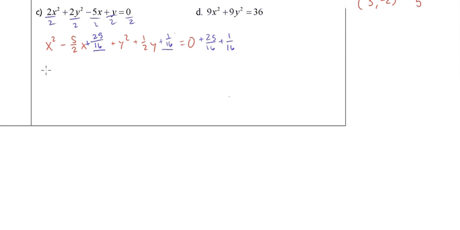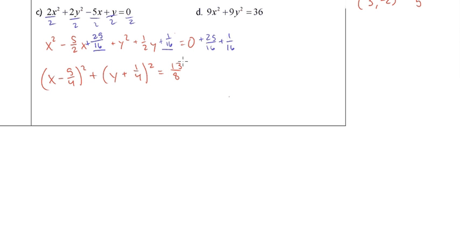So this is going to be x minus 5 fourths squared plus y plus 1 fourth squared equals, and we have 25 sixteenths plus 1 sixteenth, that's 26 sixteenths, which would reduce down to 13 eighths.